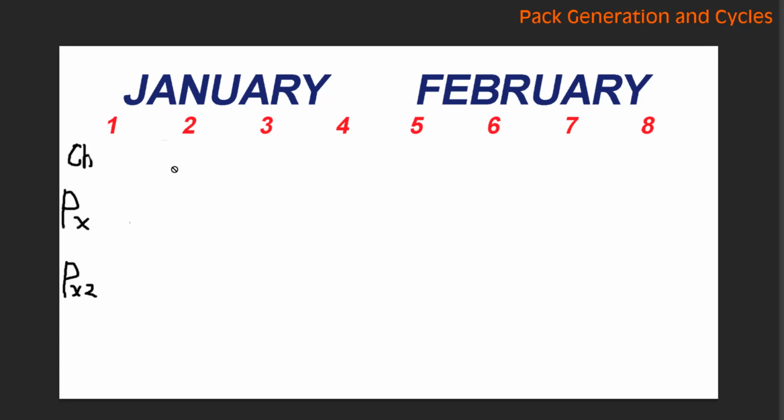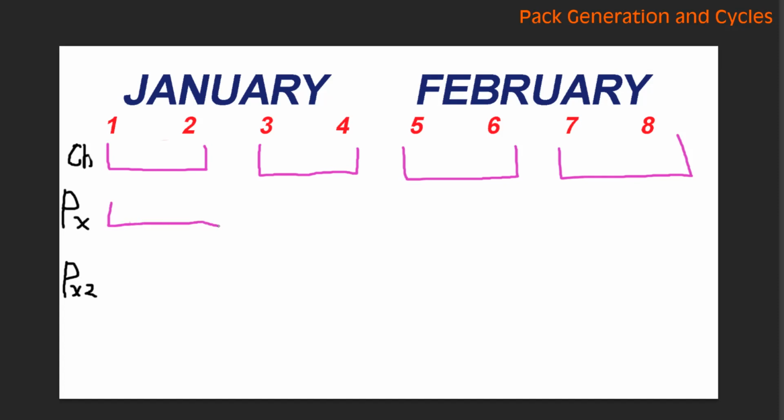Again, in this situation, the chemist is only making 2 weeks at a time. All right, so nice and easy, 2 weeks at a time. However, this patient, the standard patient, they would pick up 2 weeks.